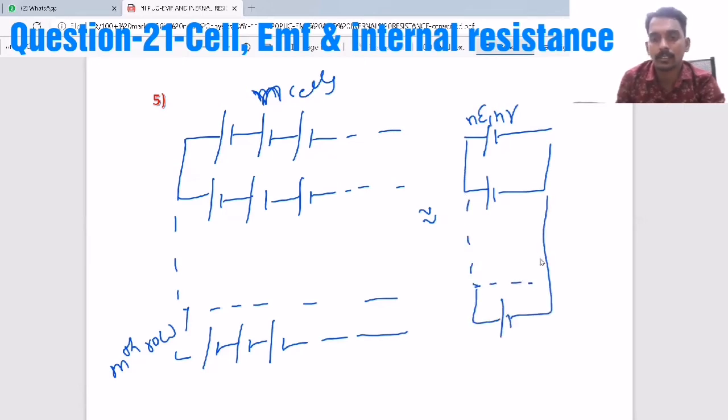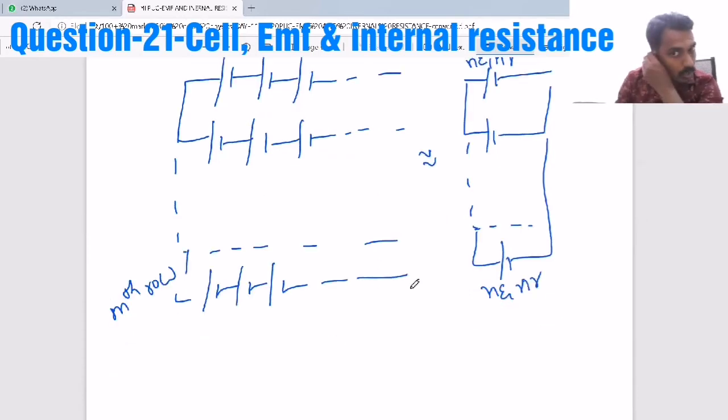Now all are in parallel, so the resultant will become one single EMF.